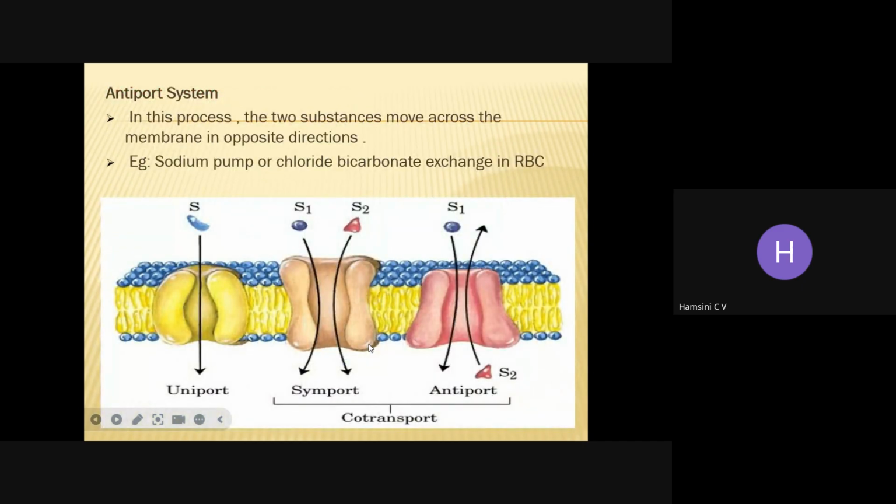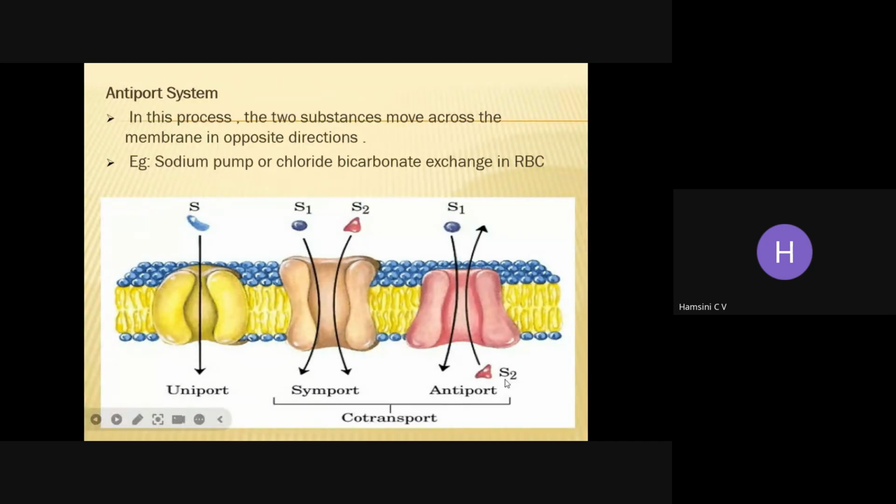Antiport, just now we studied the sodium potassium pump, or chloride bicarbonate pump. All these are examples of antiport. This requires energy and moves in the opposite direction. Sometimes even symport requires energy. So this is the meaning of uniport, symport, and antiport.